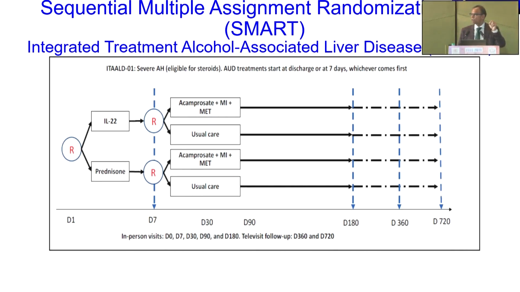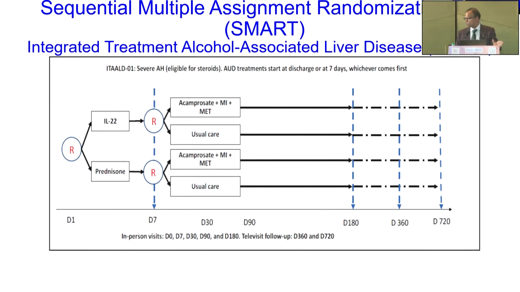And that's what Patrick is here for. He's part of that consortium. Under the consortium in the US, at 6 sites, we will investigate a double-blind, placebo-controlled liver target, which is interleukin-22, against prednisone. These are all steroid-eligible patients.